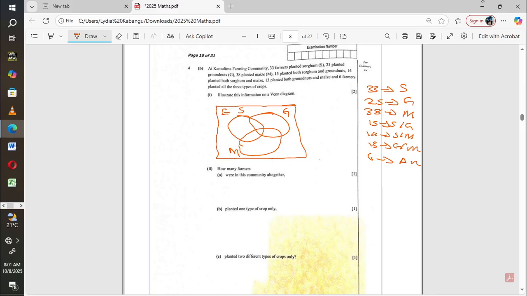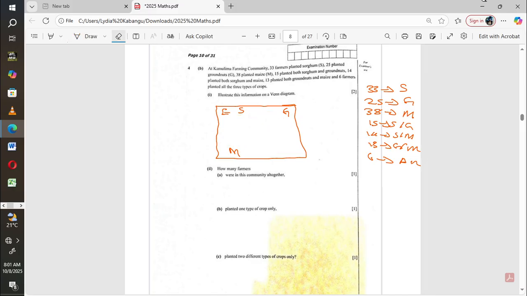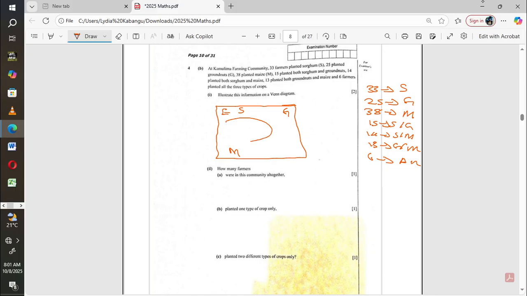So now let's write those farmers who planted all the 3 crops.